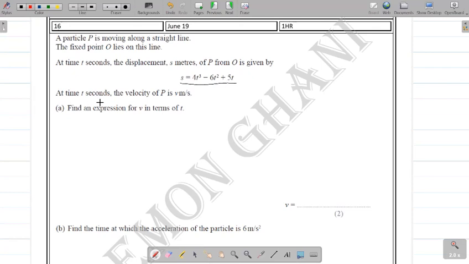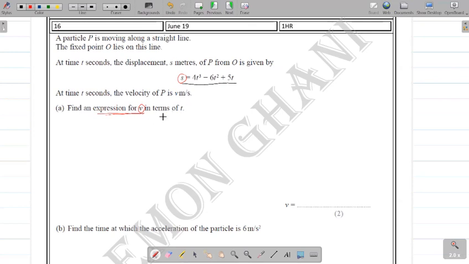At time t seconds, the velocity of P is v meters per second. Find an expression for v, for velocity, in terms of t. So it's given the displacement, and I need to find the velocity. How?